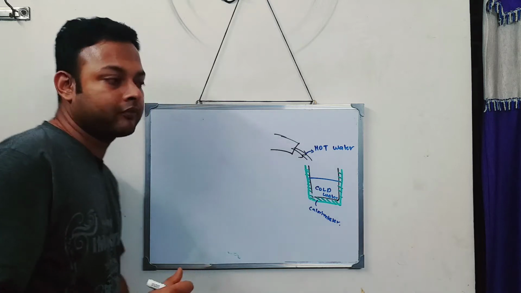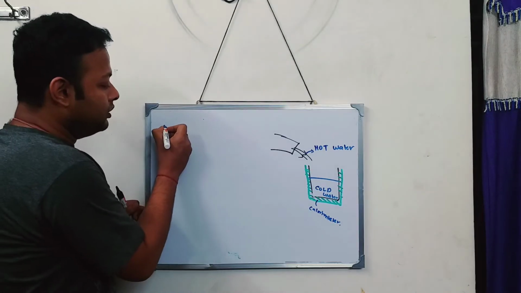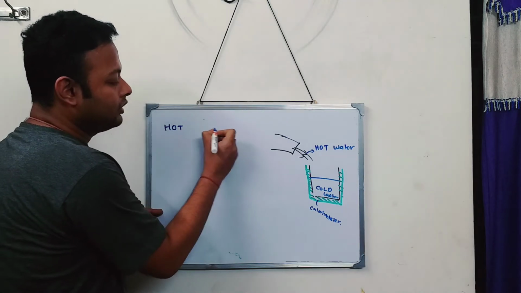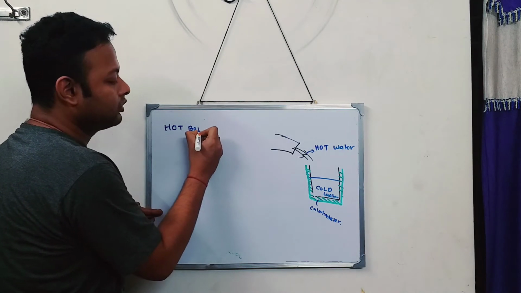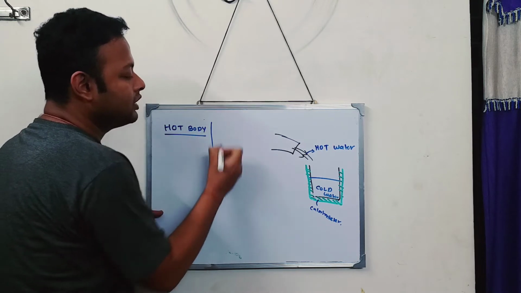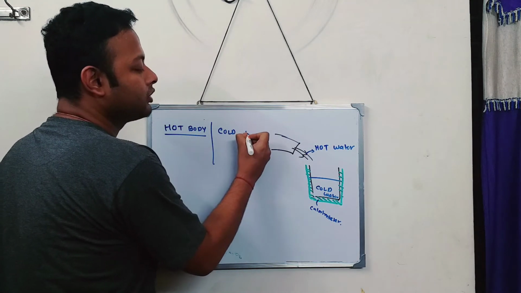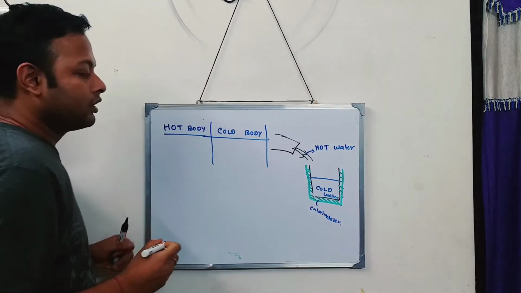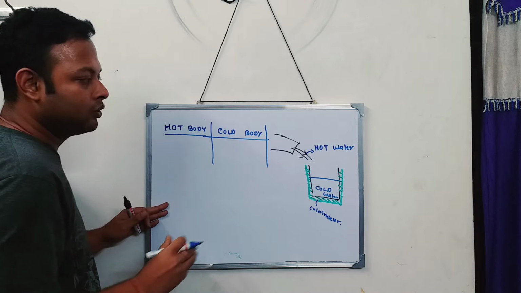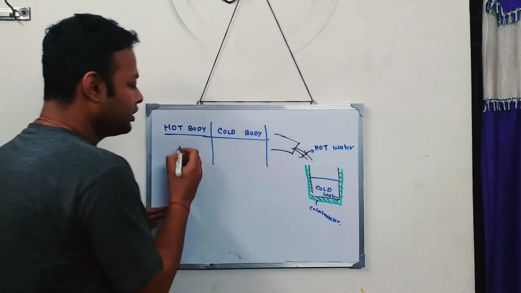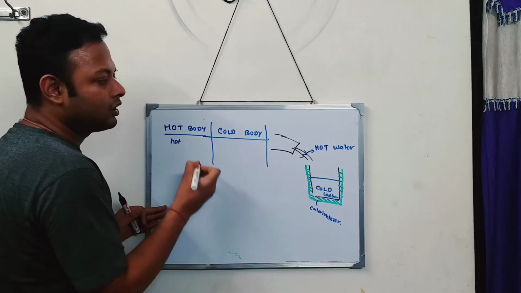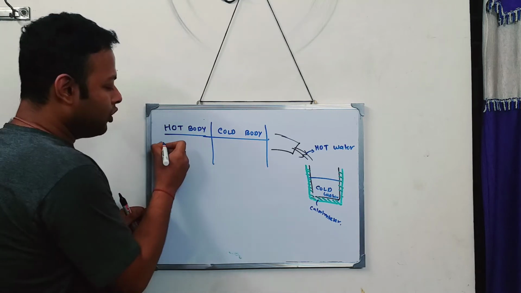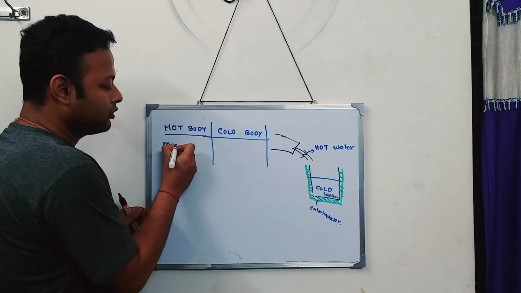Now, let's consider there is a hot body and there is a cold body. There are two bodies, the hot body and the cold body. If you look at it very carefully, which one is the hot body? The hot water. Now, the hot body has a mass of what?